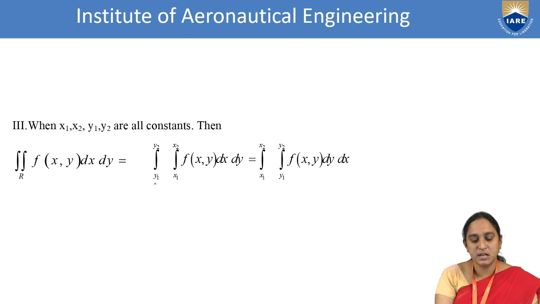That means integral y1 to y2, integral x1 to x2, f of xy dx dy is equal to integral x1 to x2, integral y1 to y2, f of xy dy dx. Write it in any form. If all x1, x2, y1, y2 are constants, for this case the first one is equal to the second one or the second one is equal to the first one.